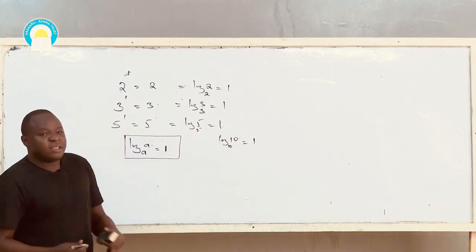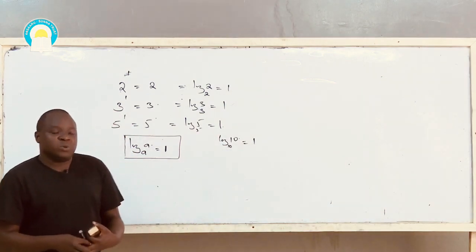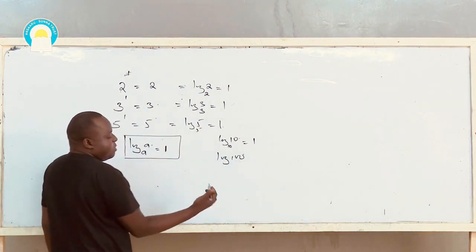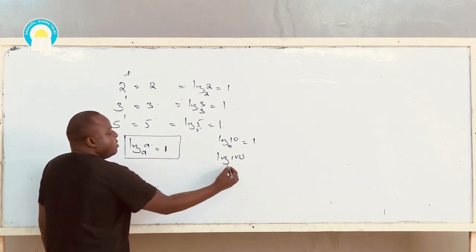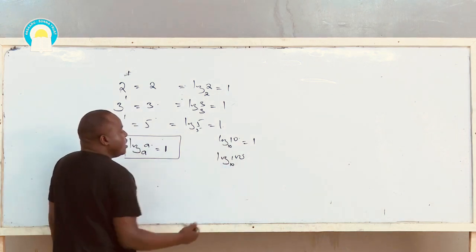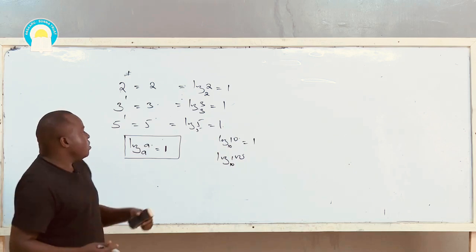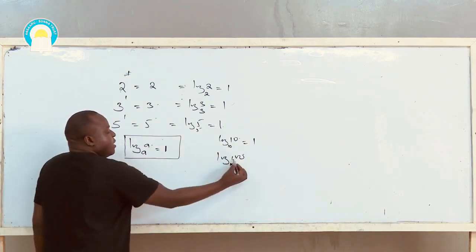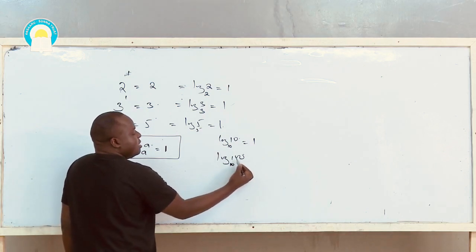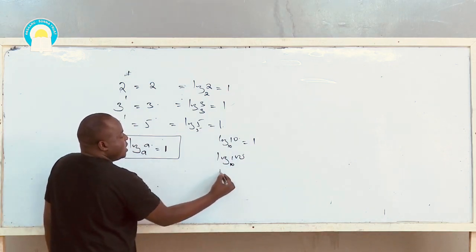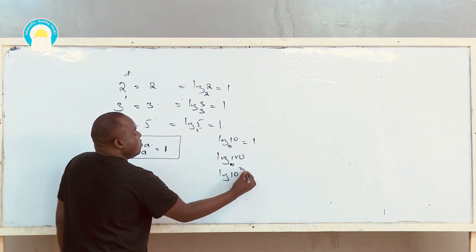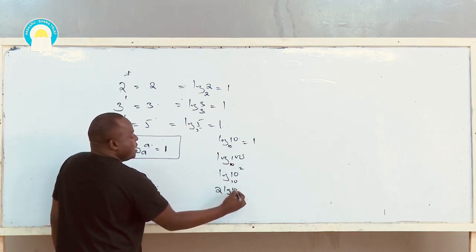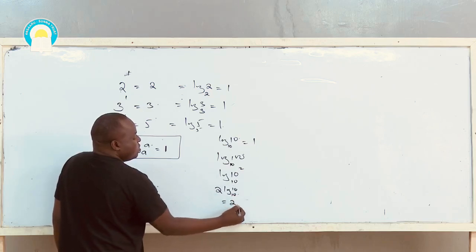I said log 100 is equivalent to 2. Think about it, log 100. With the base I'm explaining, the base is 10 here. Consider the third law, which was log a base x raised to a power. If I write this 100 in terms of 10, then it gives me log 10 squared base 10, which is equals to 2 log 10 base 10, which is equals to 2.